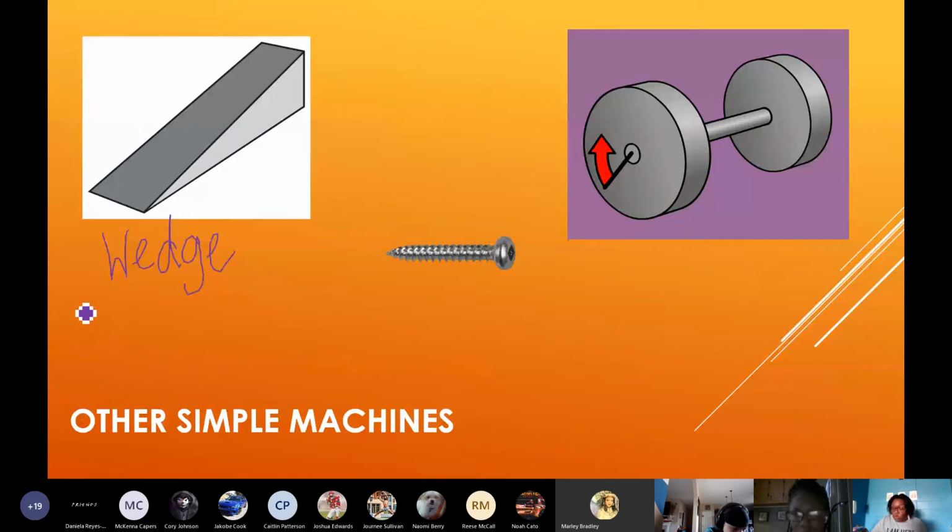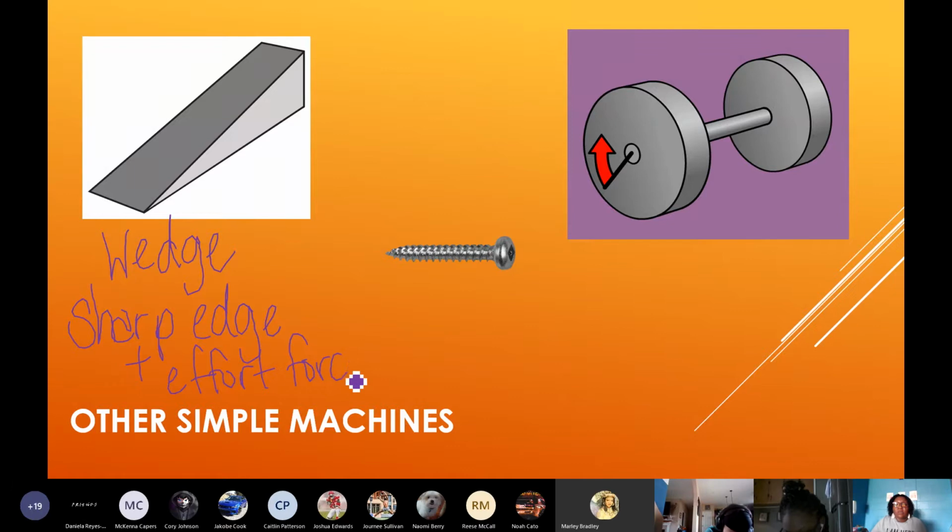The wedge normally has a sharp edge, and that sharp edge plus effort force causes an object to move.